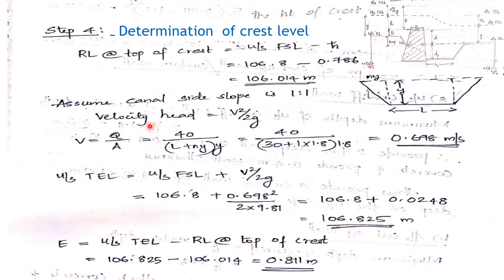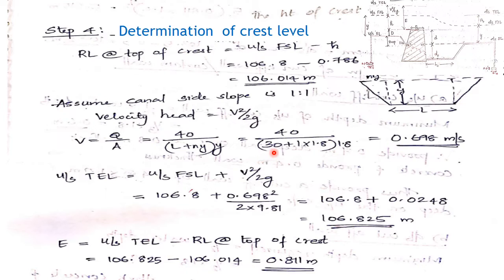And next, velocity head is equal to v square by 2g. Now we have to find out the velocity head. For this, we have to find out the upstream velocity, that is v is equal to discharge by area. Discharge is given. Area is the area of cross section of the channel, that is trapezoidal in shape, and we have assumed the side slope as 1:1. That is 40 by L plus ny into y, where L is the bottom width of the trapezoidal channel section.